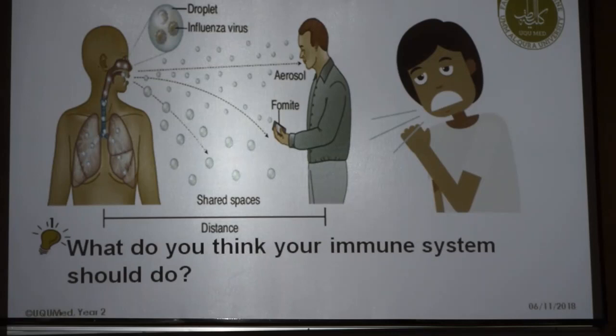Now, what do you think your immune system should do in such an instance? When you are exposed to a viral infection initially, what do you think your immune system will do? Phagocytose the pathogen. Recognize the pathogen.